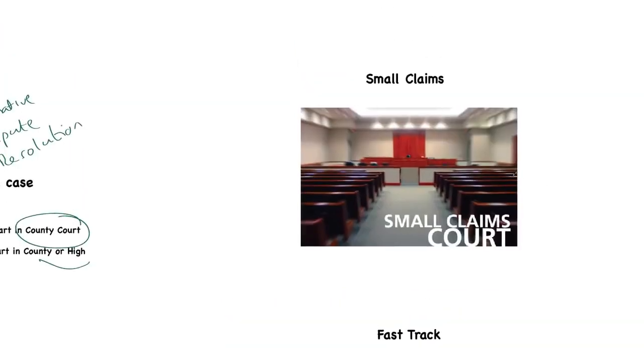Let's start with small claims. We've already said that it's likely to be less than £5,000. And personal injury claims, so personal injury is going to be less than £1,000.